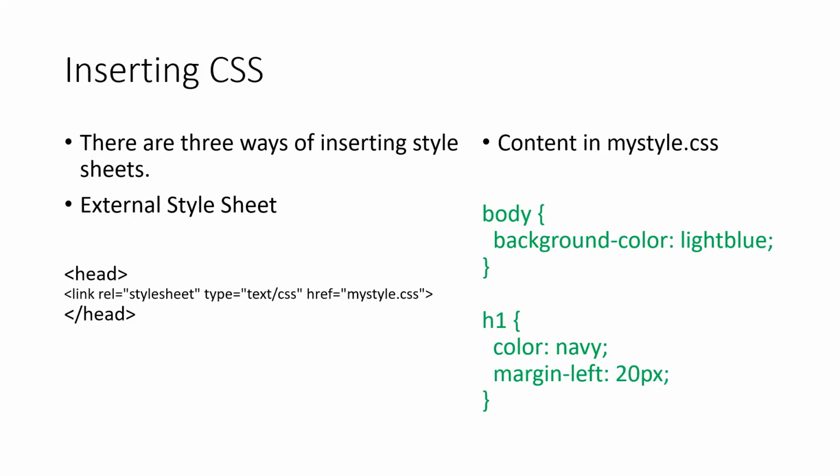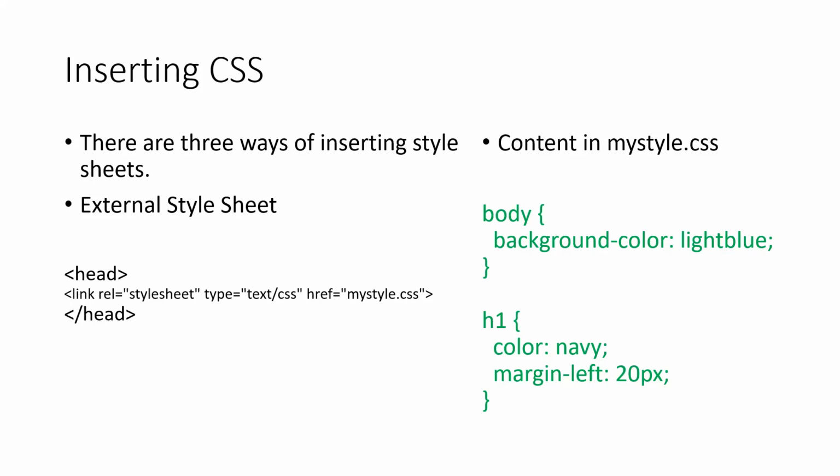The next thing that we discussed is how to insert CSS. First of all, there are three ways to do this, and we looked at the first one. We created a separate CSS file called my style CSS, and then I included a reference for the CSS file inside the HTML document, right?